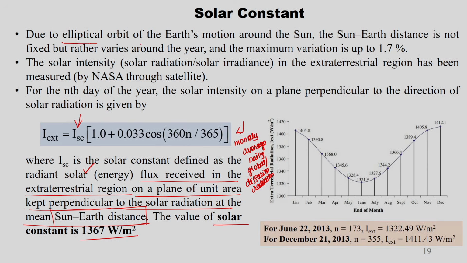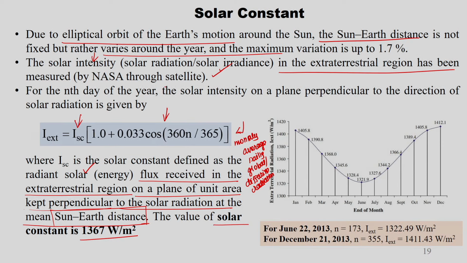Due to the elliptical orbit of the earth's motion around the sun, the sun earth distance is not fixed, but rather varies throughout the year, and the maximum variation is up to 1.7 percent. The solar intensity or irradiance in the extraterrestrial region has been measured by NASA through satellite, and there is a correlation, or formula, given to calculate the same.